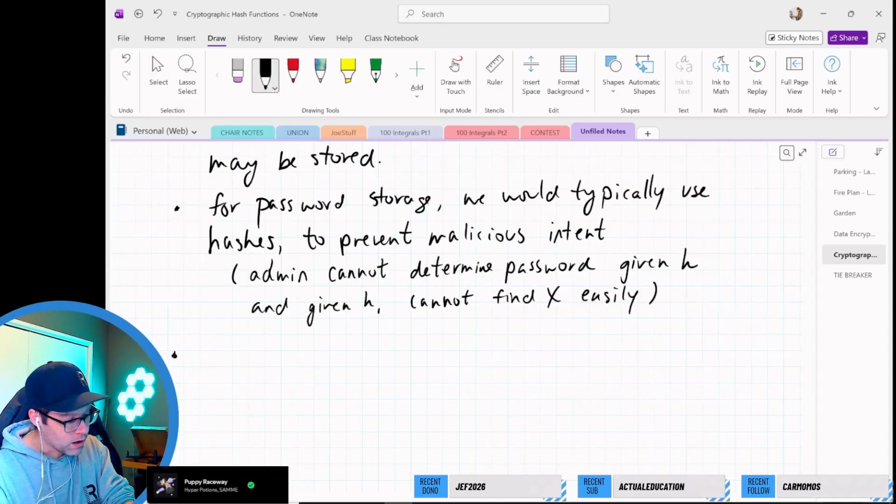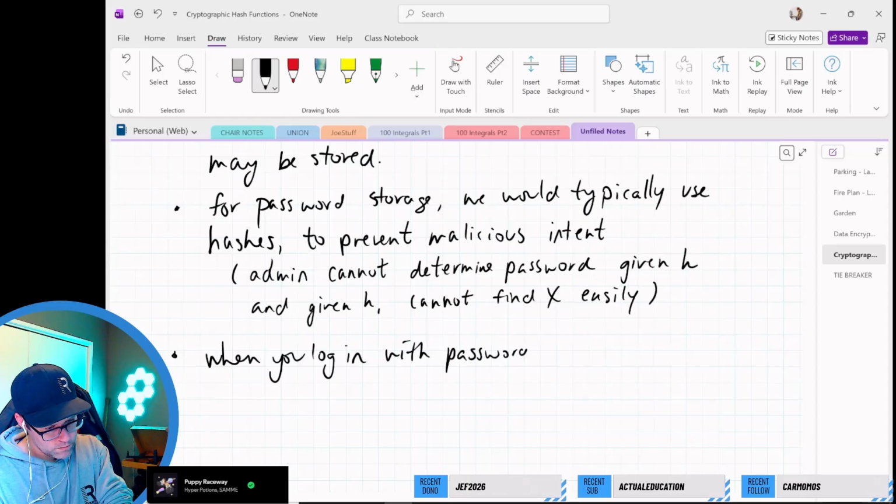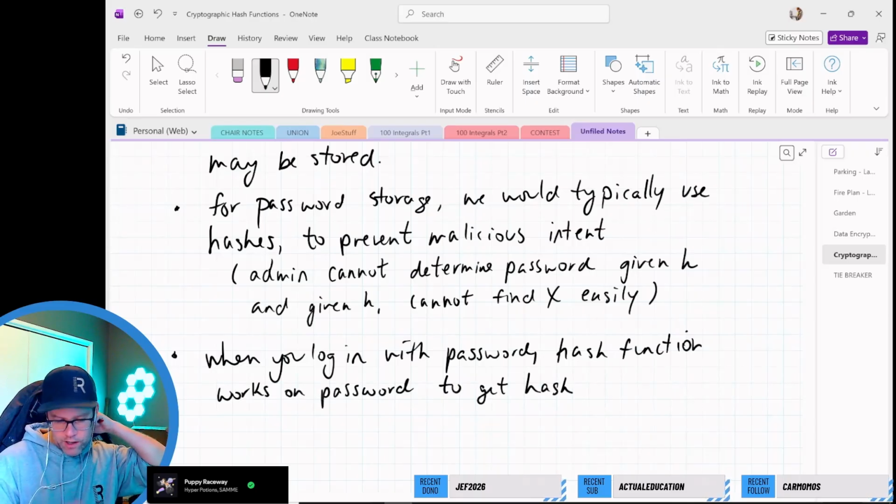So what happens when you log in? When you log in with a password, the hash function will work on that password. Let's assume that password gets changed into a hash.